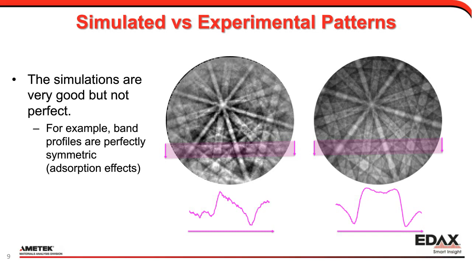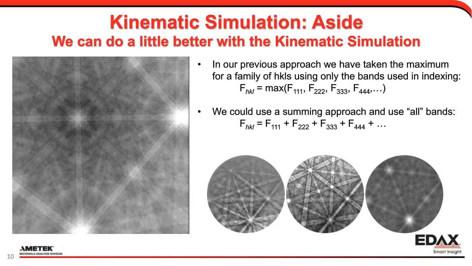So just as an aside, the example I showed for kinematic simulation basically showed the bands according to the maximum intensities for a family of bands. Say, for example, the 111, 222, 333, 444, we just take the maximum for those. We could use a summing approach and use all those bands, and that's what I'm showing now in the example at left.